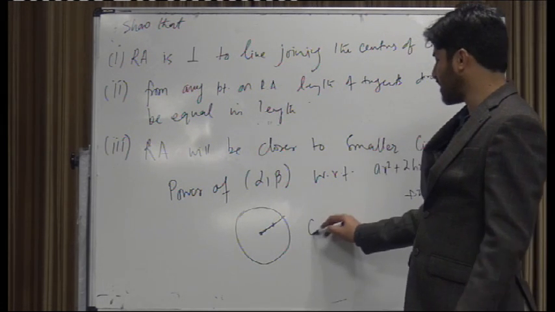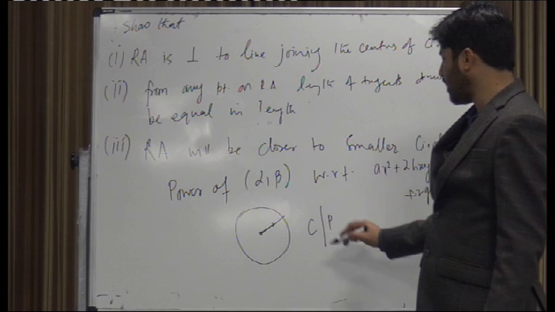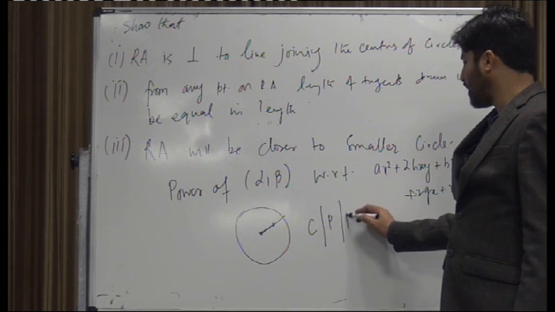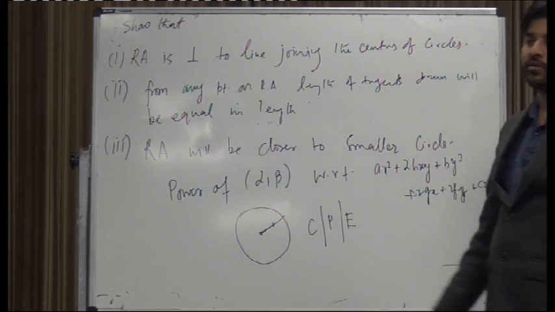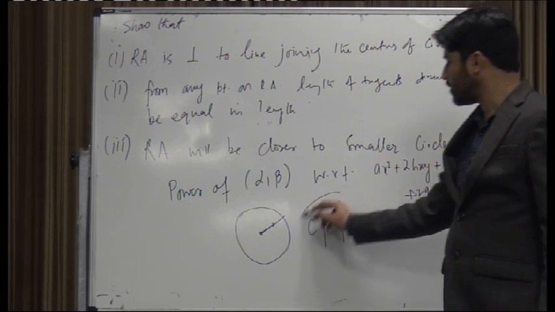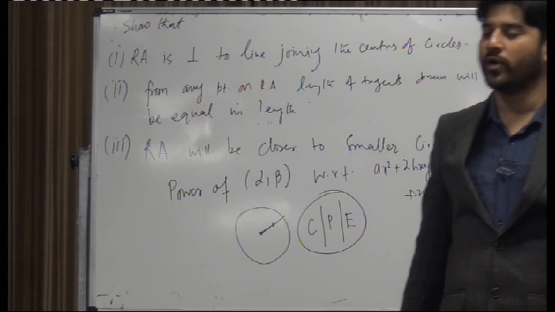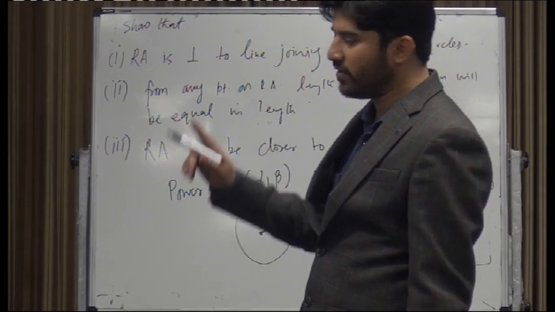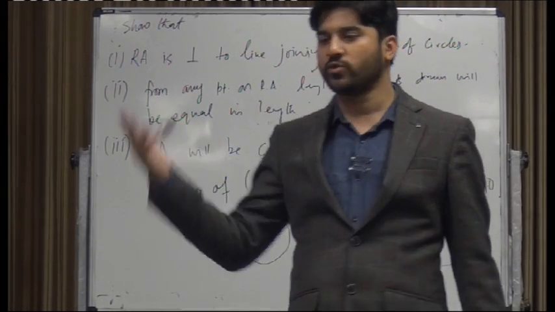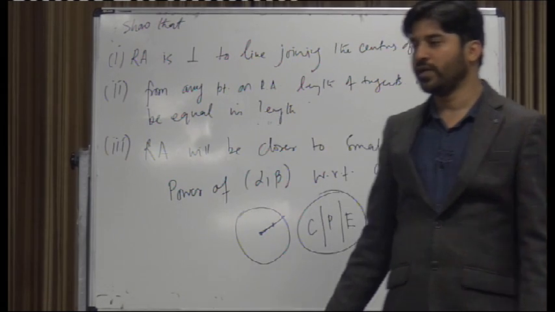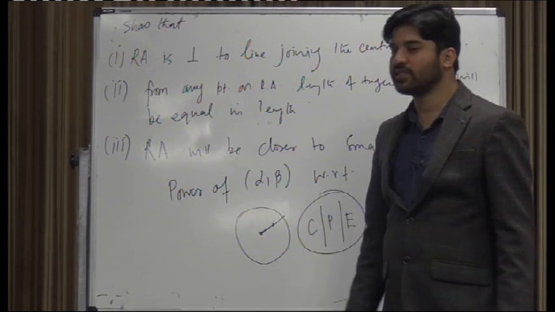So for circle, parabola, ellipse, if the power is negative, the point is inside the curve, and if power is positive, the point is outside the curve, and if the power is 0, it is on the curve.